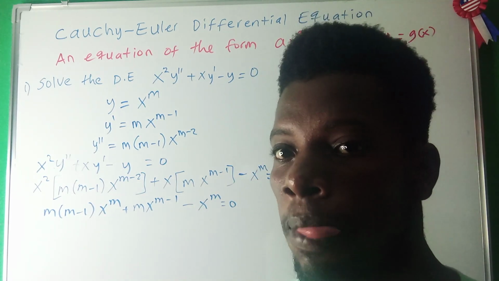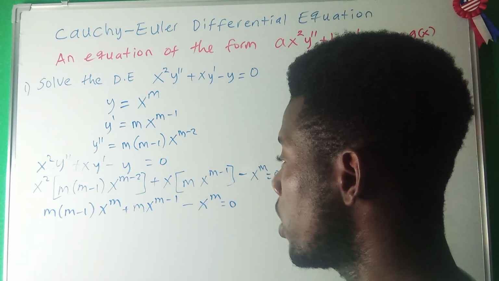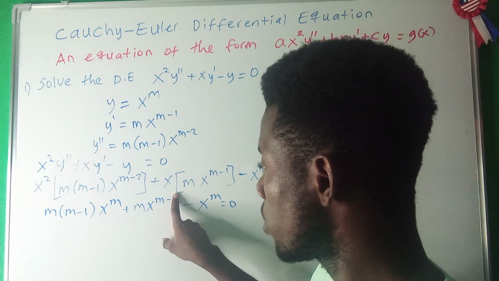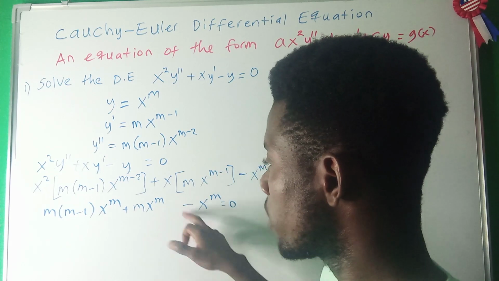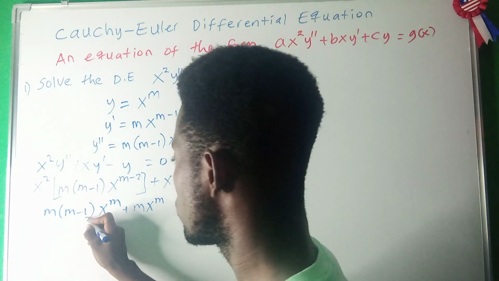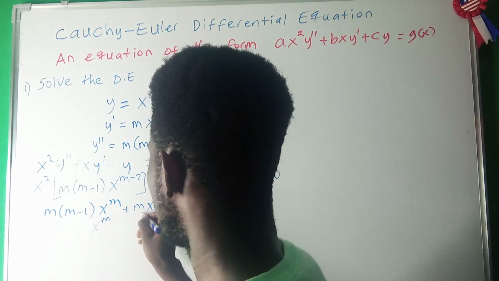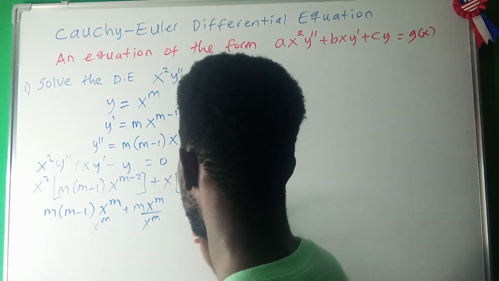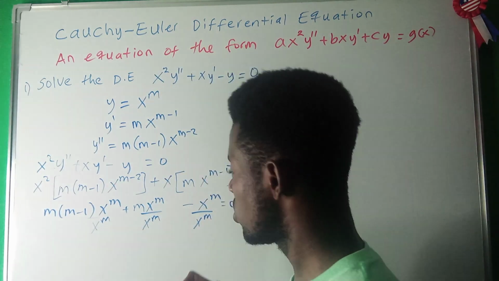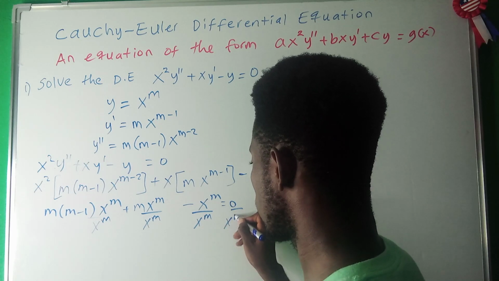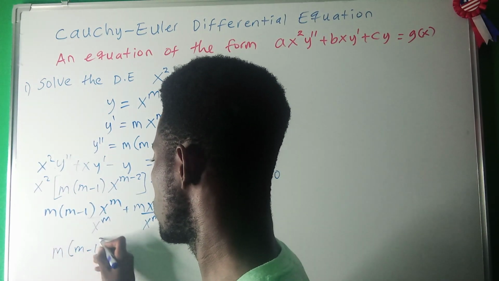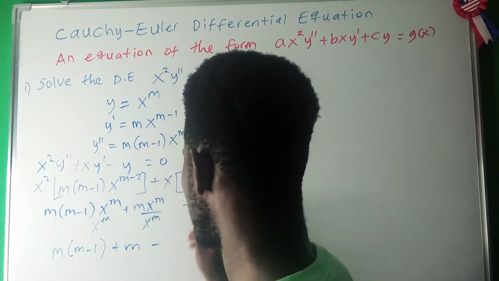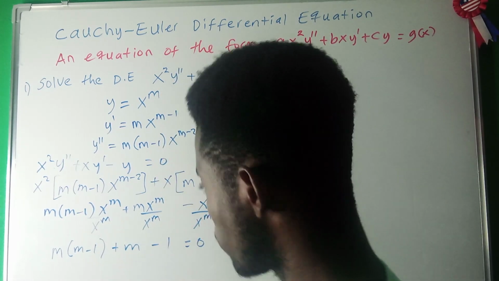Sorry, this shouldn't be x to the power m minus 1, because this and this go out, so we have x to the power m only. So we can divide each term by x to the power m. Then we have m times m minus 1 plus m minus 1 is equal to 0.